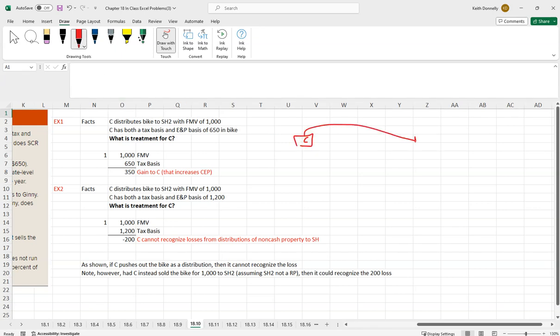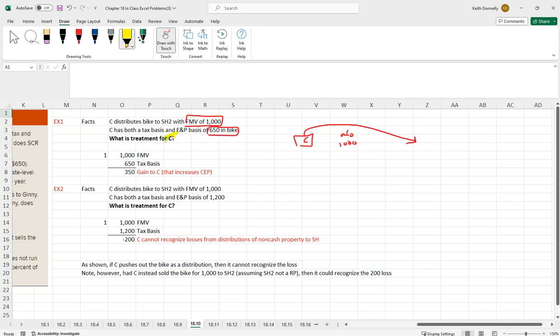They distribute to a shareholder. Looks like a bike. Has a fair market value of 1,000. Has both a tax basis and E&P basis of 650. So fair market value of 1,000, basis of 650.